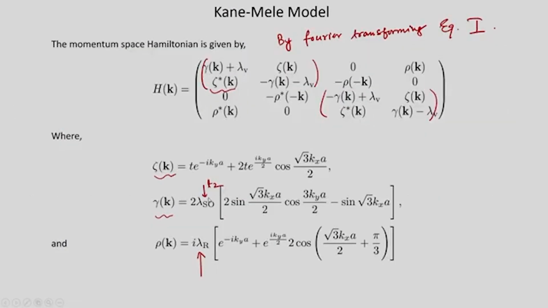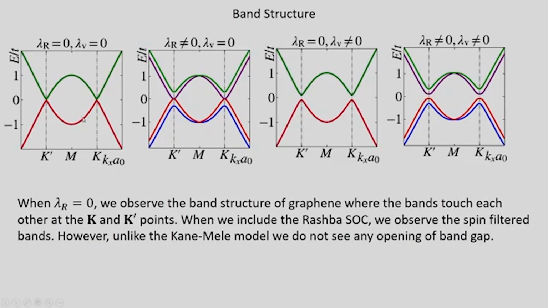Once one diagonalizes this Hamiltonian, which can be done on a computer, one gets bands for various parameters. We have shown it explicitly for a few parameters. Lambda R equal to 0 and lambda V equal to 0 means it's only the graphene case, and one has touching Dirac points.